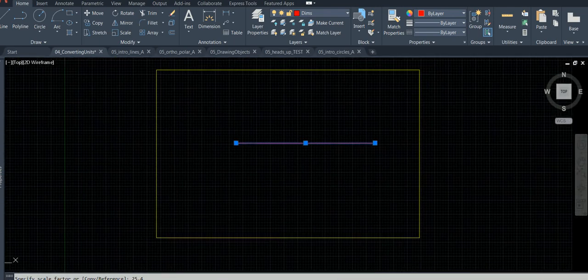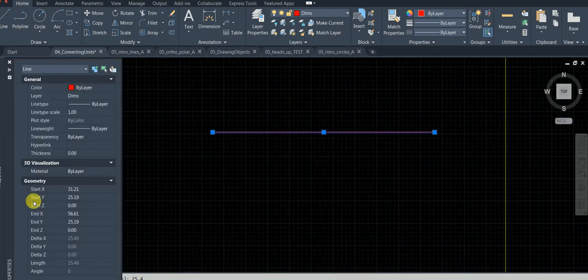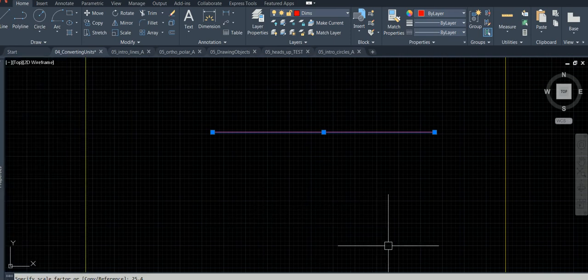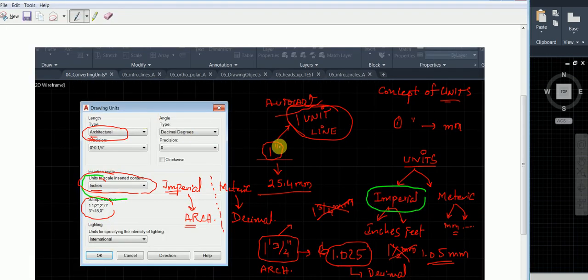When we learn scale, I'll teach you scale, but my aim was just to teach you what units are. See, now the length. Whenever you tell me, you're not going to say, John, it is 1 inch. You're going to say 1 unit line. So the concept of units is first convert inch to millimeter and then scale it using the scaling factor.